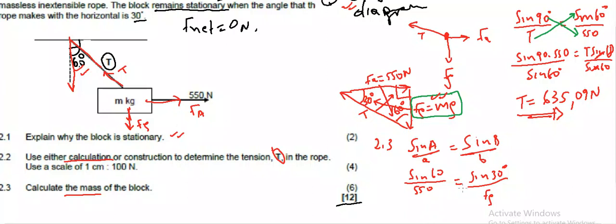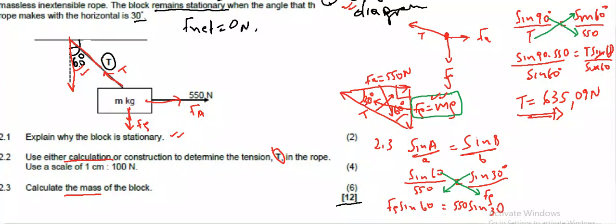Then let's cross multiply. This will multiply that one and this one to that one. So sine 60 times Fg, it's Fg sine 60, which is equal to sine 30 times 550, it's 550 sine 30.